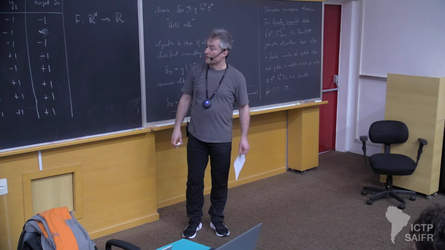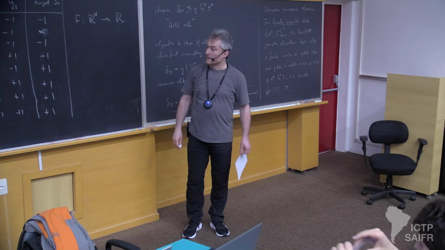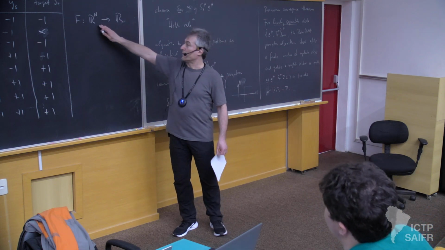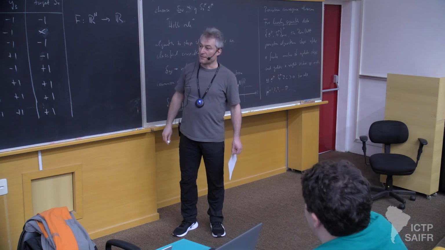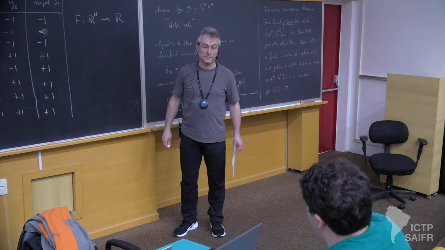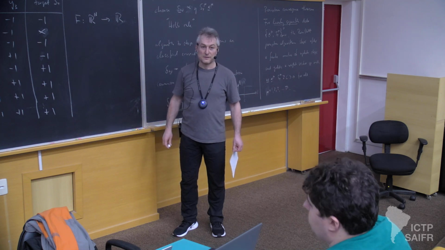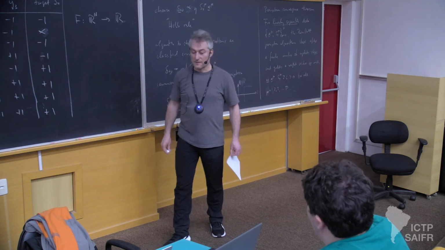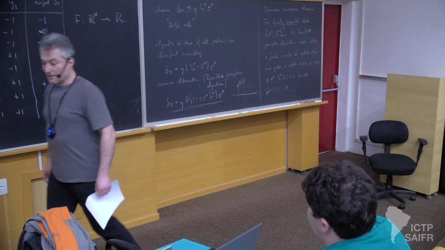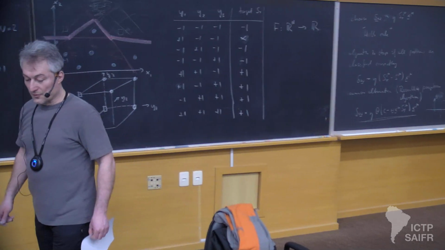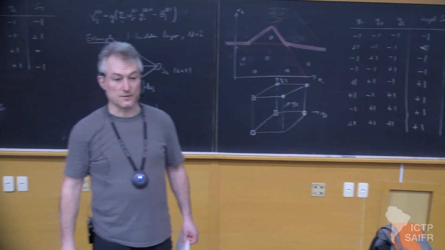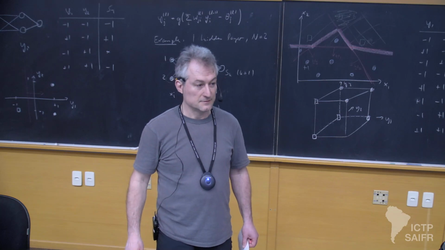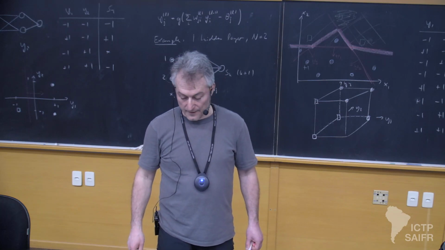So now I ask the question, if I have an arbitrary function from Rn to R, can I find a network that approximates this function? Okay? And the answer is, it turns out that one can approximate any function to arbitrary precision with just one hidden layer. And this can be proven.